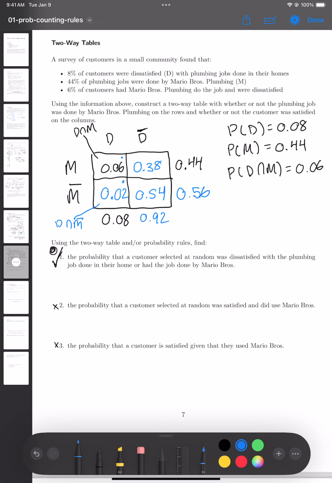And so I'm actually going to skip over this first one for a second and jump straight to number 2. The probability that a customer selected at random was satisfied and did use Mario Bros.